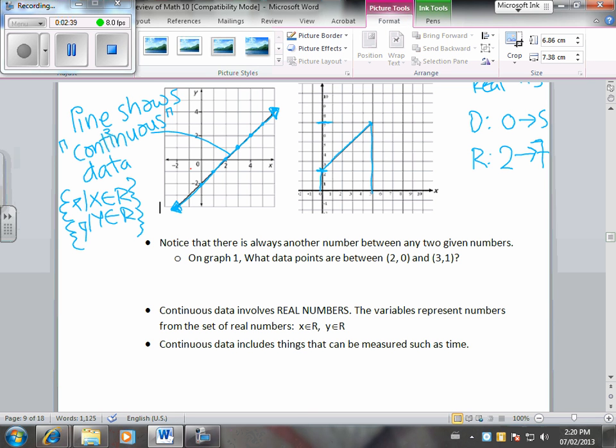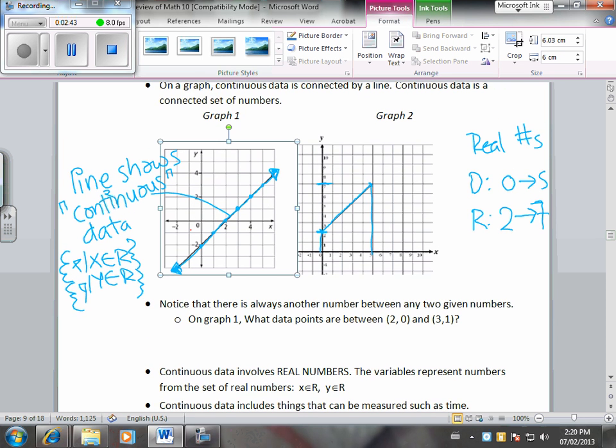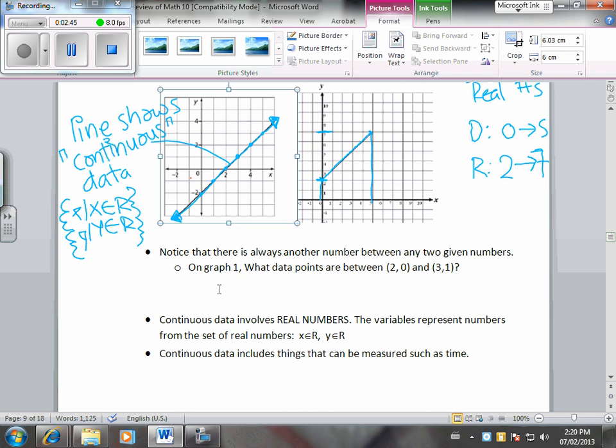So let's look at graph number 1, the first graph on the left. What data points are between (2, 0) and (3, 1)? What is happening in between there? What are some points that we have going on there?